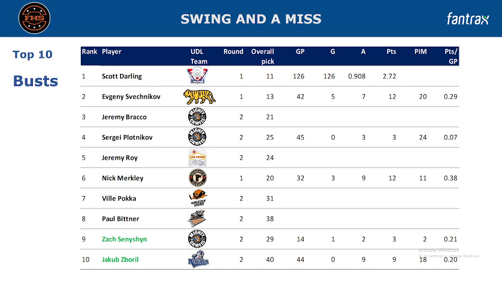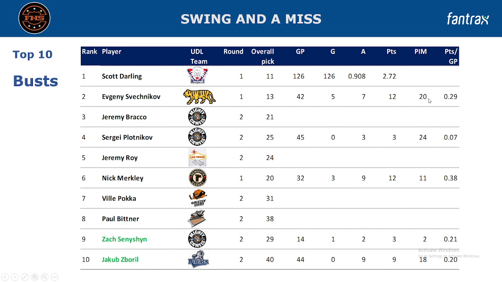And actually Scott Darling's numbers don't seem that bad, but keep in mind that the best part of these numbers were actually accrued before his selection in the draft, and he regressed heavily after that, and now he's an NHL afterthought.